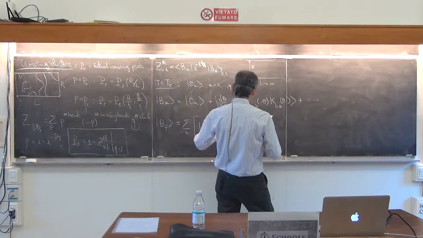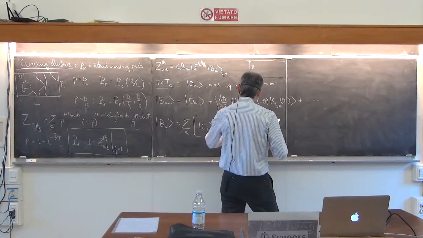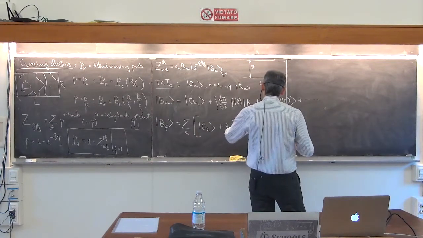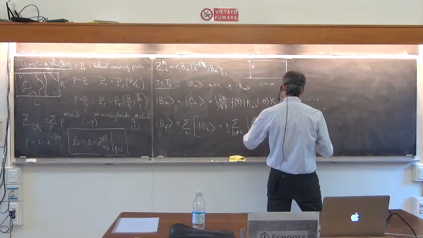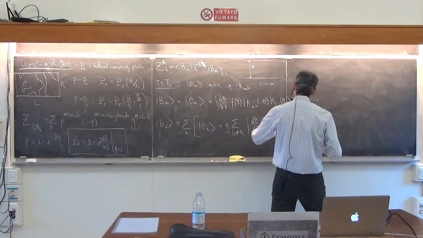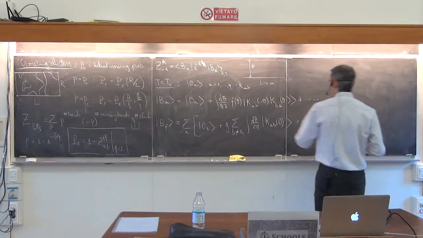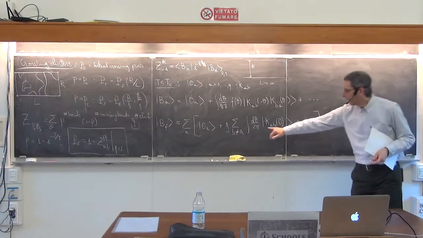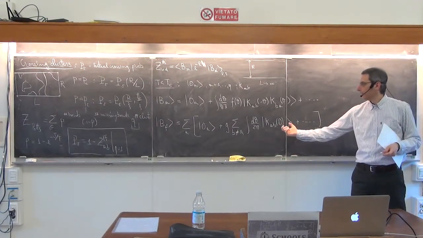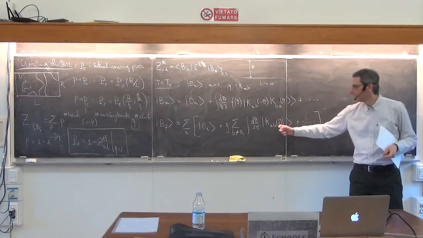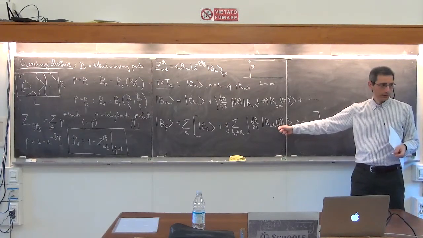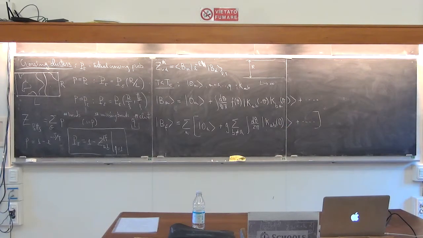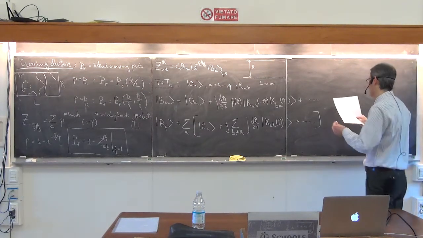Then I have a contribution from a single kink, and so on, two kinks and so on. And again, the total momentum in each state has to be zero. So, for example, this single kink, I have to take it at zero momentum, 0, 0. Right.